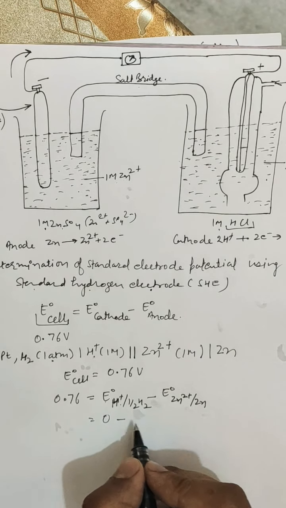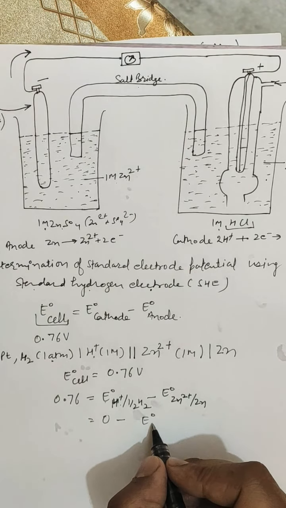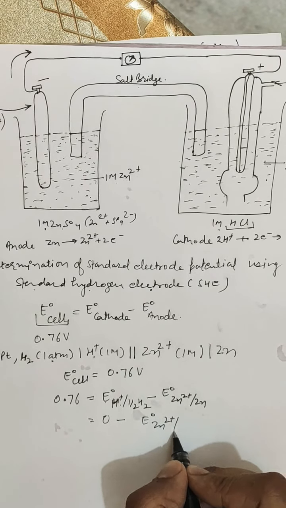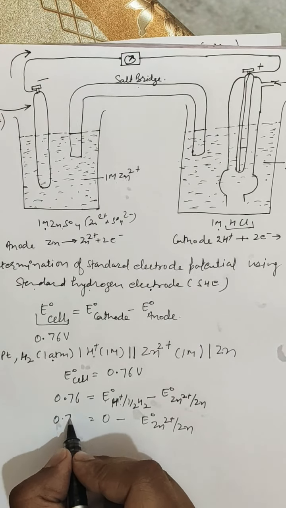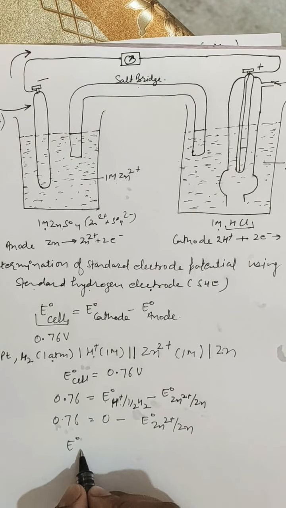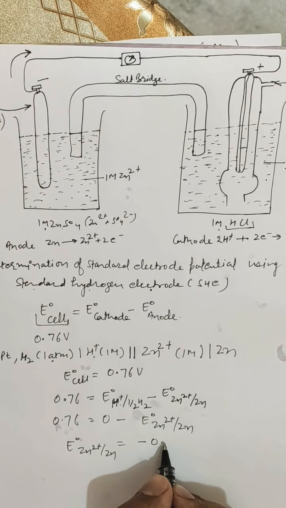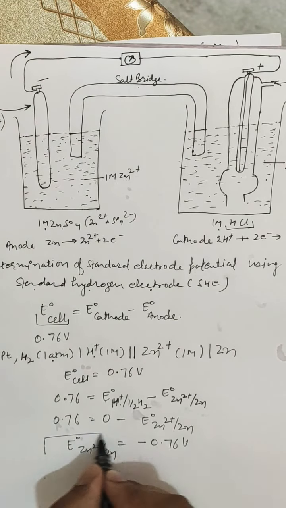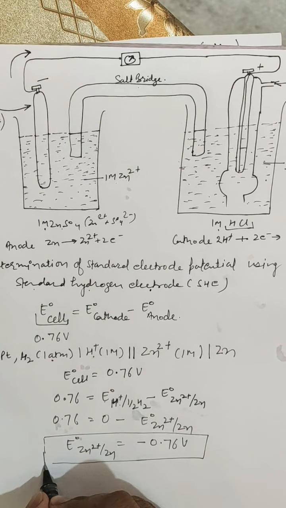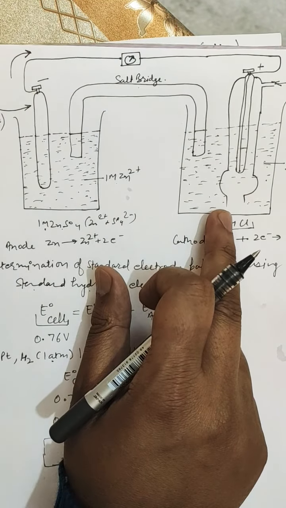So it is 0 minus E naught of Zn2+ over Zn, equal to 0.76, and further E naught of Zn2+ over Zn is equal to minus 0.76 volt. So this is how the standard electrode potential value of a particular electrode is calculated with the help of a reference electrode.